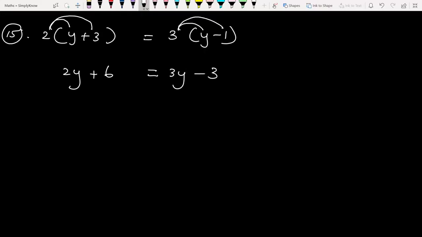Then let's transpose. Now I'm going to take like terms to one particular side. So 2y and 3y are like terms. Now I'm going to send this 2y to the right side and this minus 3 to the left side.